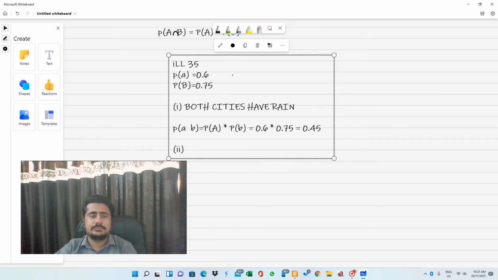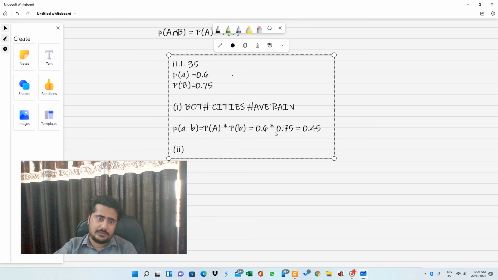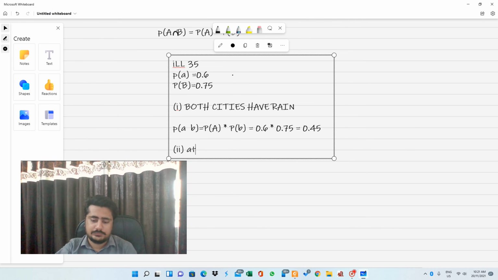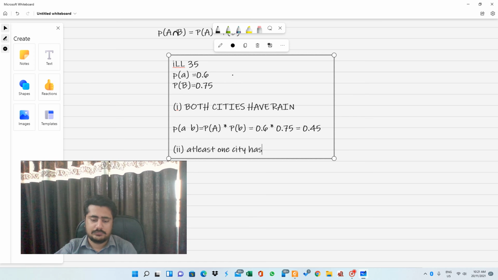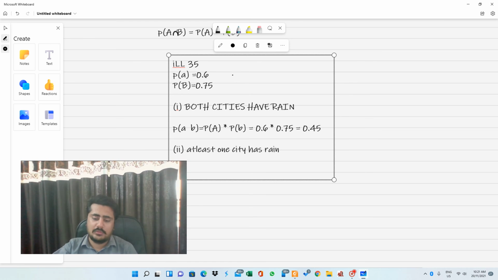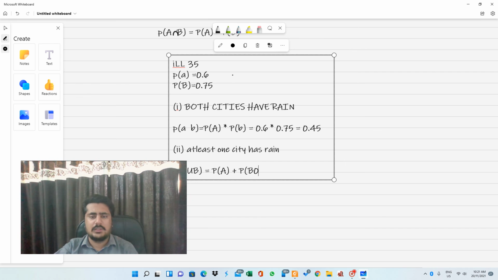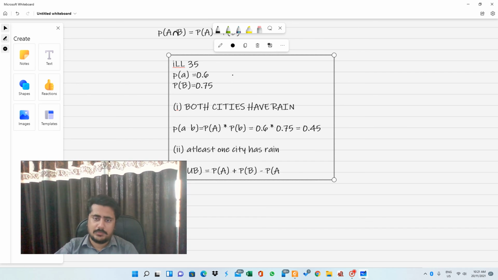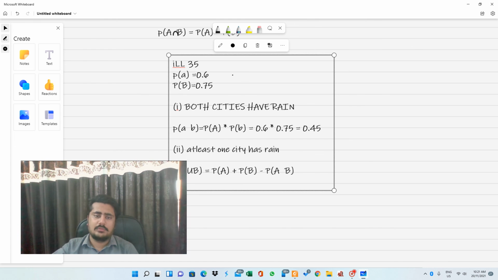Then, at least one city has rain. At least one city means they are asking about union. Now union means P of A plus P of B minus P of A intersection B. See, this one is very easy.